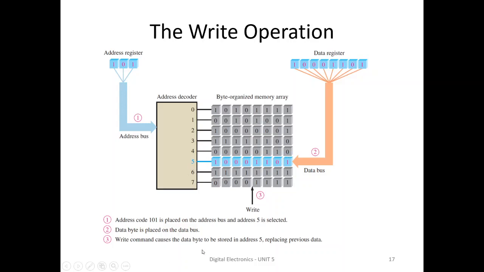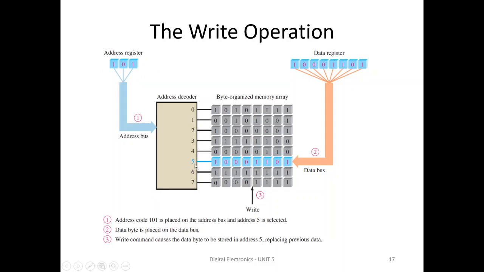Write command causes the data byte to be stored in the address location, replacing previous data. Whatever data was present in this fifth location previously will be replaced when you give a write operation. I repeat, first you are going to give the code in the address register. Then it is taken by the address bus to the decoder. It is decoded and selected where exactly it has to be written.